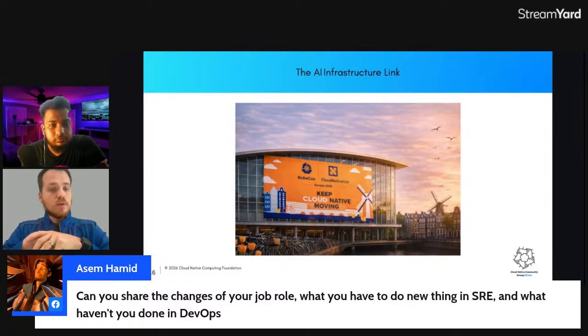So, for example, the SRE team I'm part of, we are not managing thousands of services. We are responsible for a scoped application range. We have few applications, few services, but we are managing from the bottom to the top. So it's you build it, you run it, you own it.